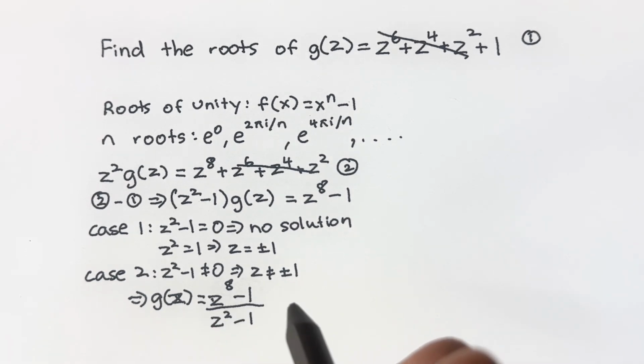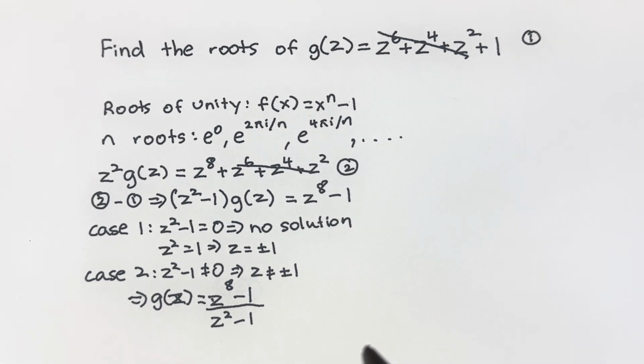So to have g of z equal to 0, we need z to the power of 8 minus 1 equal to 0, because if the numerator is 0, then as long as the denominator is not equal to 0, which is the case here, then g of z equals 0.